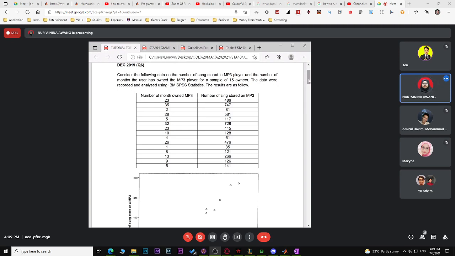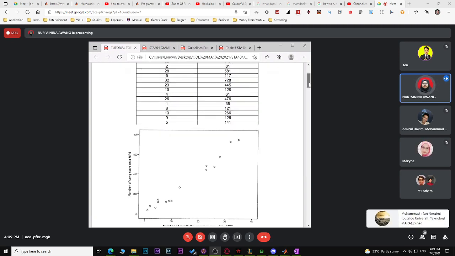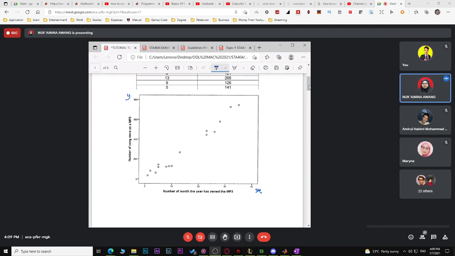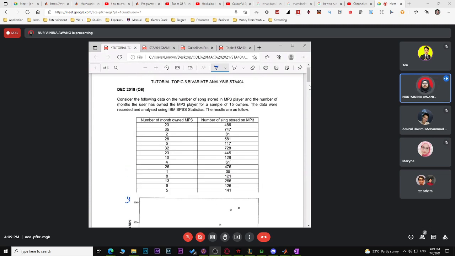Okay, kena check lah. So based on the scatter diagram, you know that number of months the user has owned the MP3 is your X. So automatically we confirm that this is your X and this is your Y.